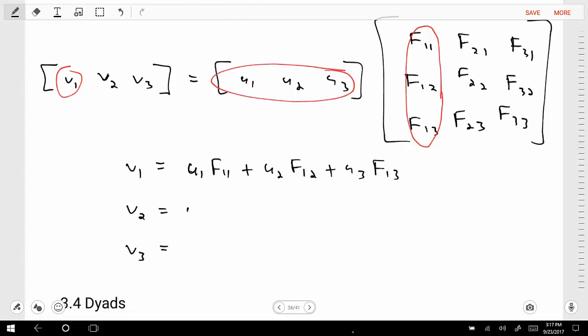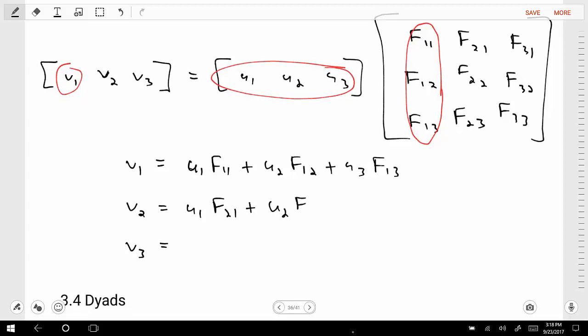Repeat this for the next one. U1 F21 plus U2 F22 plus U3 F23, and then finally U1 F31 plus U2 F32 plus U3 F33.